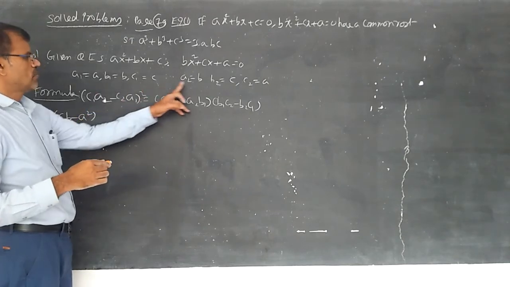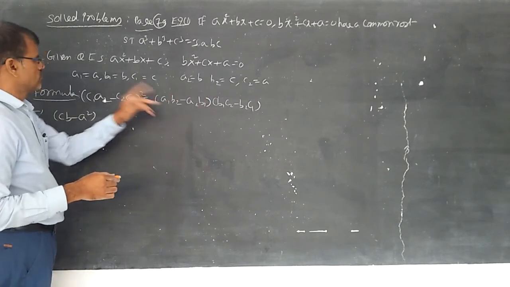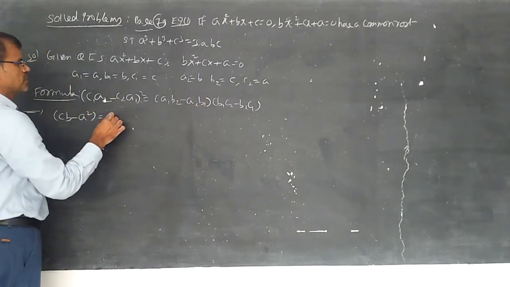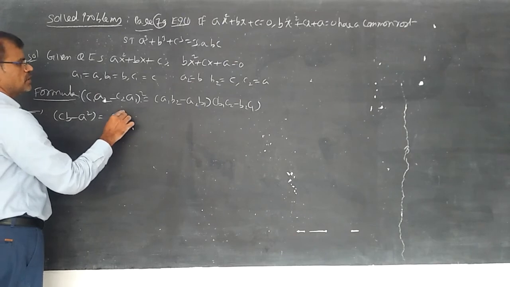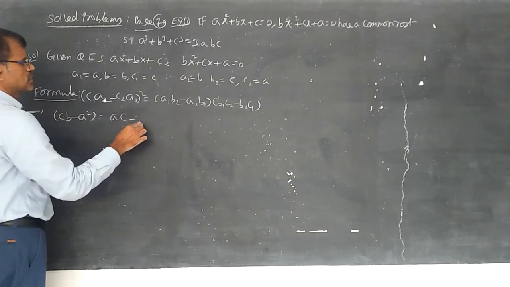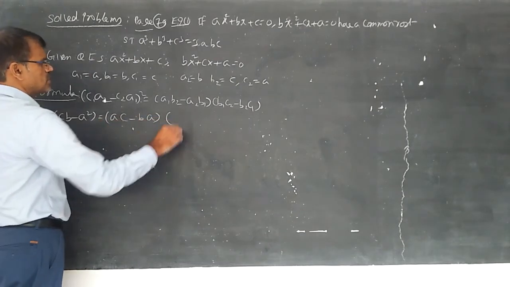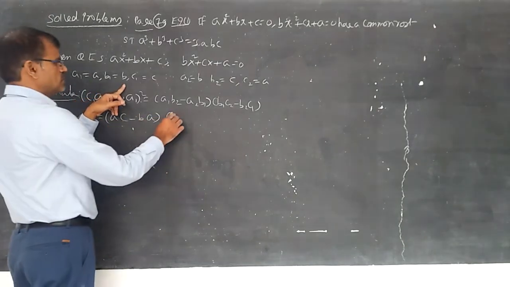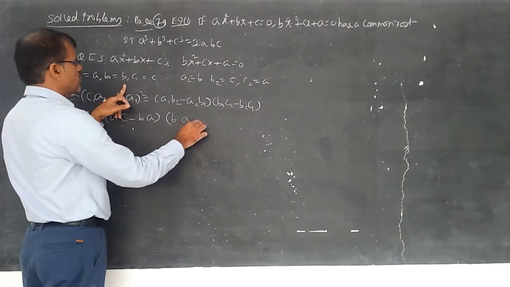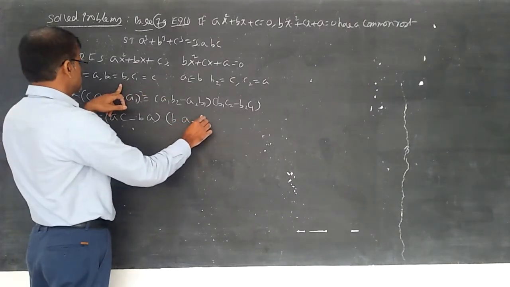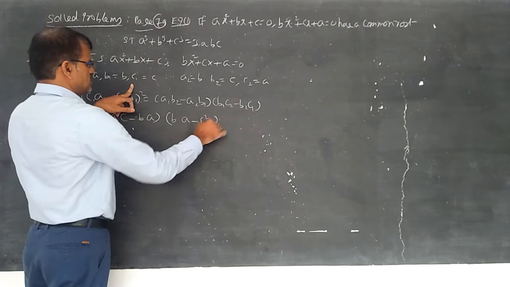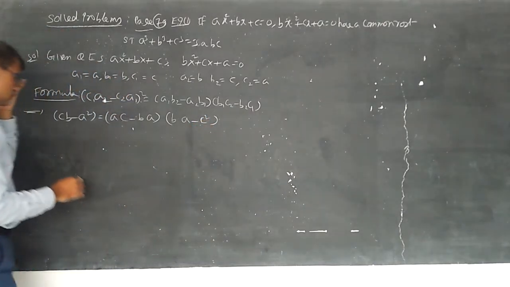C1 A2 minus C2 A1 whole square is equal to A1 B2 minus A2 B1 into B1 C2 minus B2 C1. A1 B2 means a into c, minus A2 B1 means b into b. So AC minus b square. B1 C2 means b into a, BA, minus B2 C1: B2 is c and C1 is c, so c square.